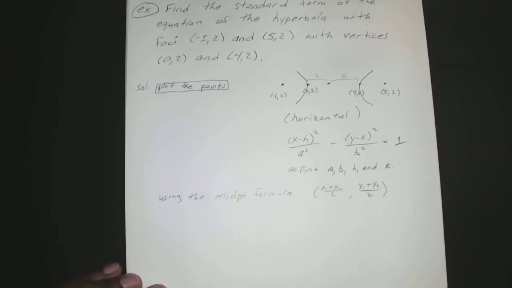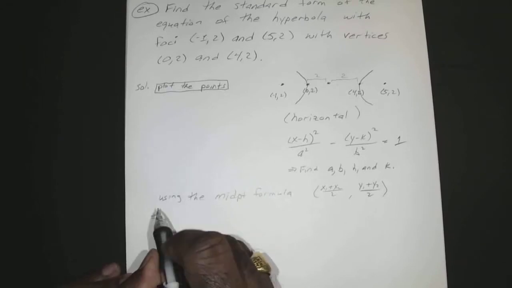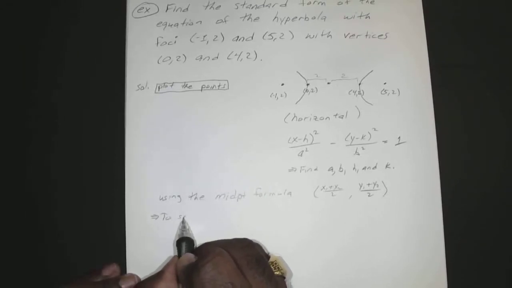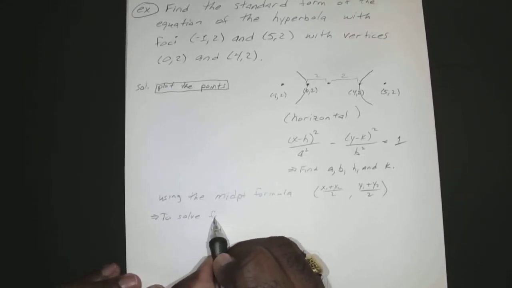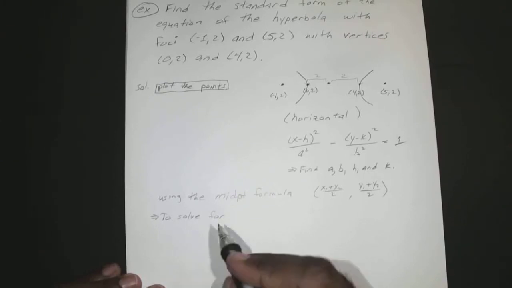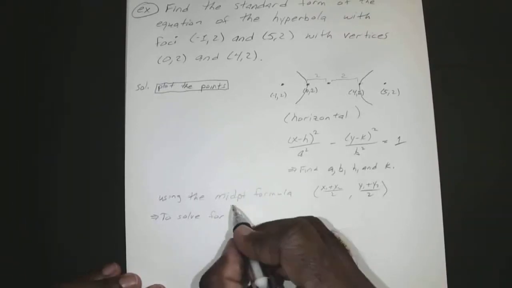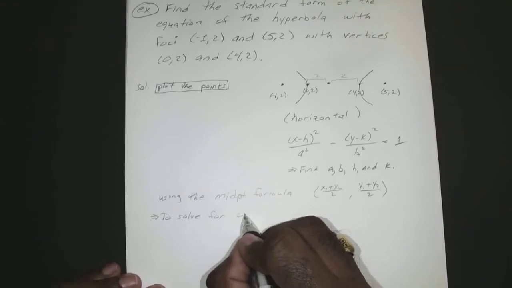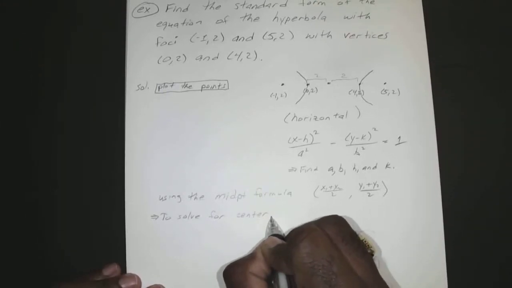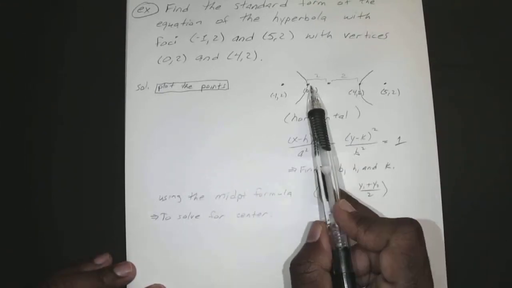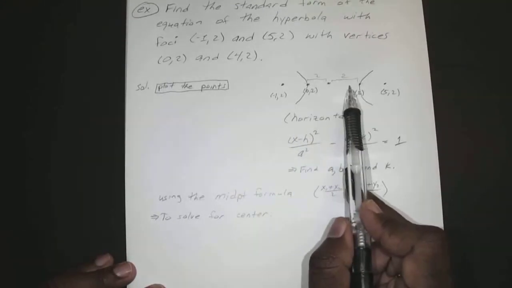Okay. So, say to solve for the center, we can actually use either the 2 vertices or the 2 focus points. Either one will give us the same center.